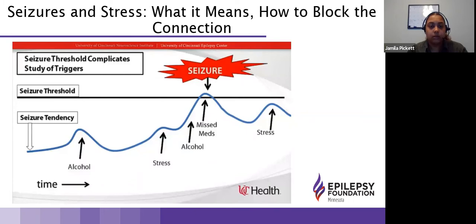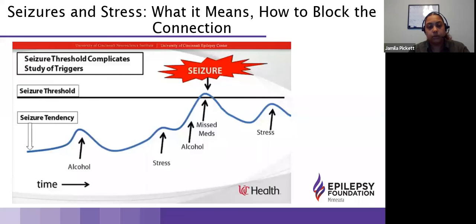For example, if somebody with seizures drinks excessive alcohol, their tendency may go up, but if they don't drink enough, they may not have a seizure if it doesn't hit that black line. But in this situation, if there's a lot of stress, if they drank alcohol, maybe even missed a medication, and the blue line gets up this high, then a seizure might happen.